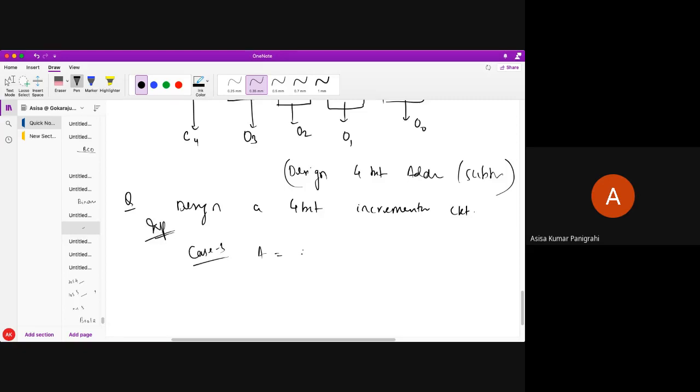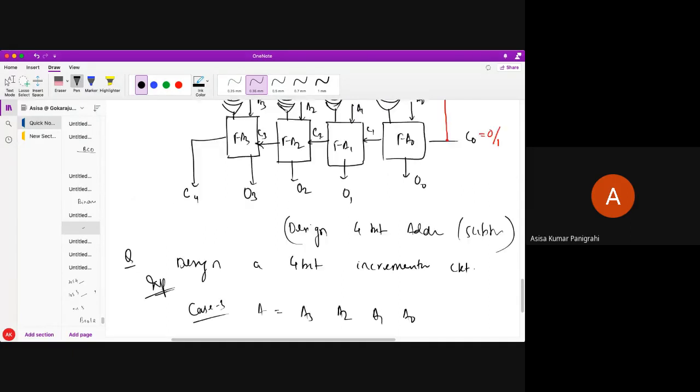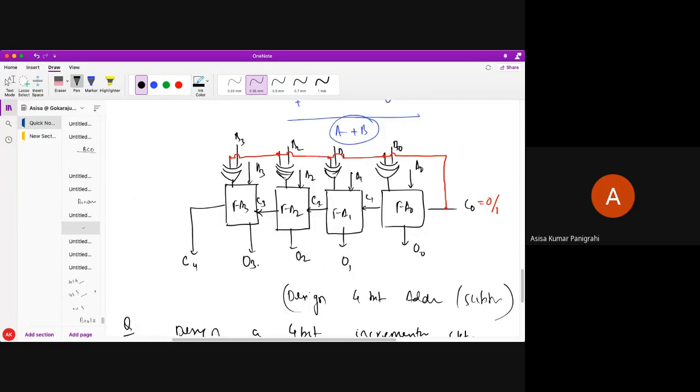A3, A2, A1, A0. For B, what I did is I have given B0 is 1, B1 is 1, B2 is 1, B3 is 1. Do you all understand what I'm saying? All these B0, B1, B2, B3 are 1.